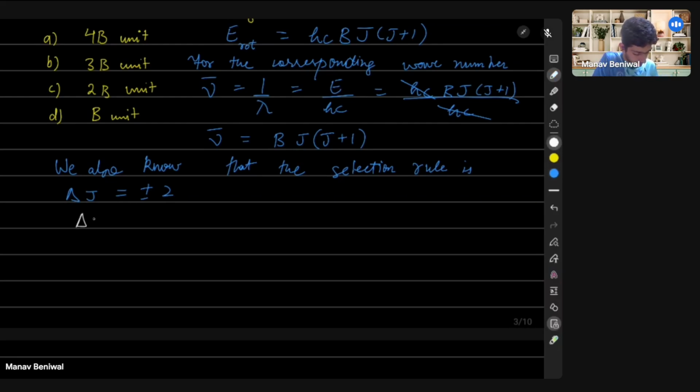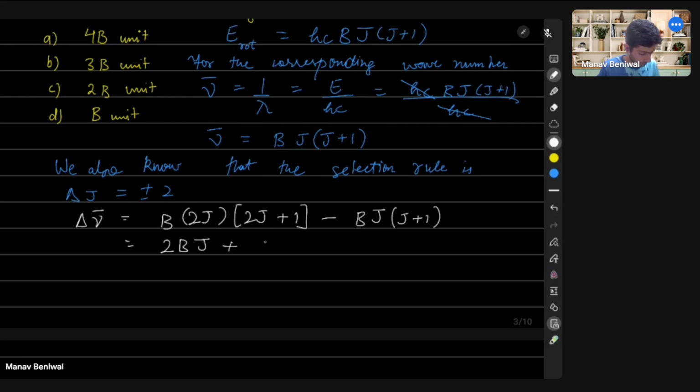So we can write delta nu bar as B times (J plus 2)(J plus 2 plus 1) minus B times J(J plus 1).